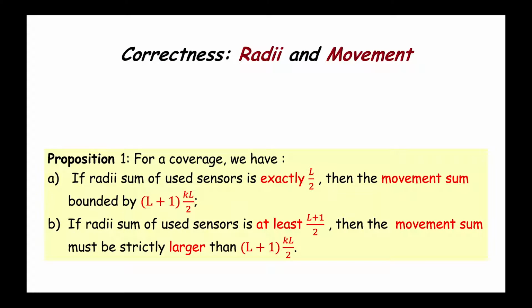We showed firstly that if the radius sum of used sensors is exactly half L, then the movement sum must be bounded by this number. If the radius sum of used sensors is at least half L plus 1, then the movement sum must be strictly less than this number.